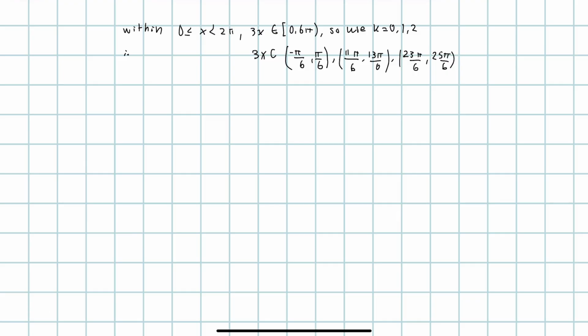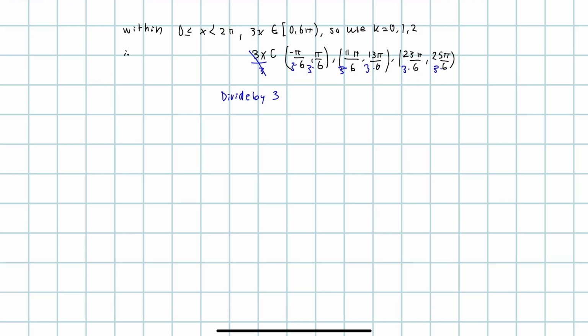So now we're going to have to divide by 3, meaning that we have to cancel that, and that means we have to multiply the denominator by 3 in each of these.